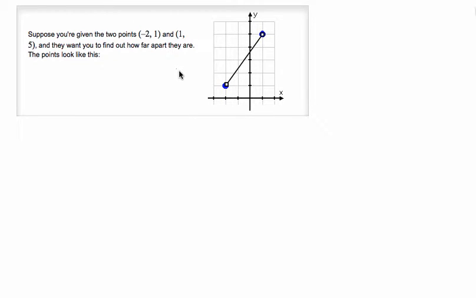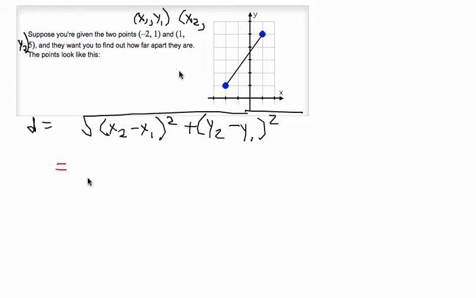The distance formula will allow you to do that. You could assign this point to be (x1, y1) and this point to be (x2, y2), and plug these values into the distance formula.